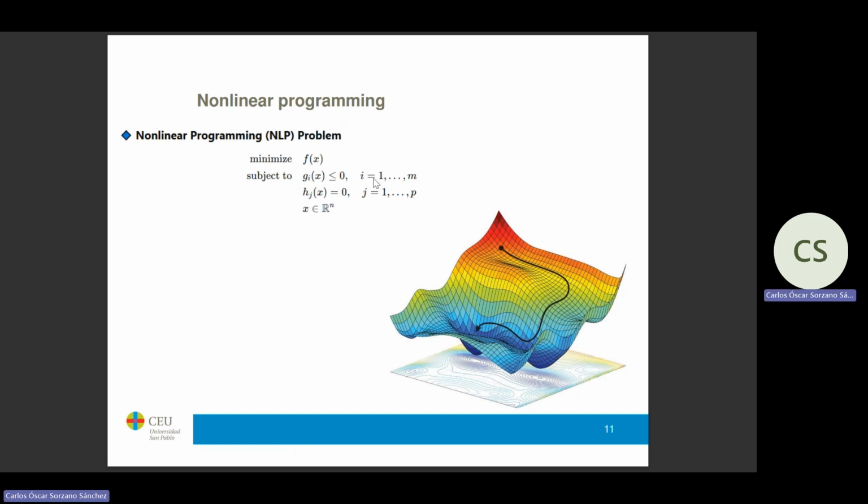There are two ways of finding that. One is directly: given this function, the global minimum is this one. Or iteratively: you start somewhere, and then you iteratively change your solution until you reach the global minimum. We will see the two kinds of approaches.